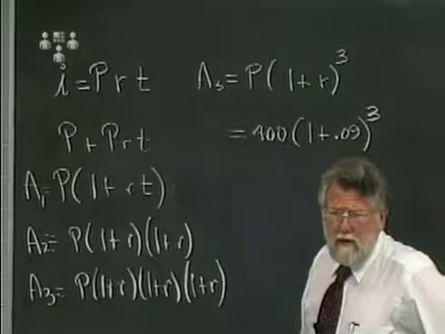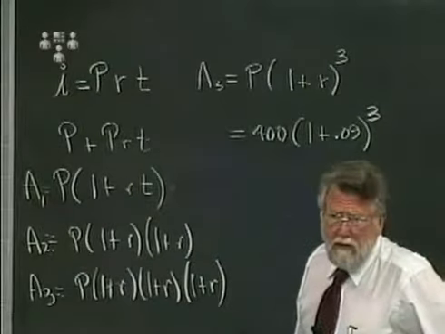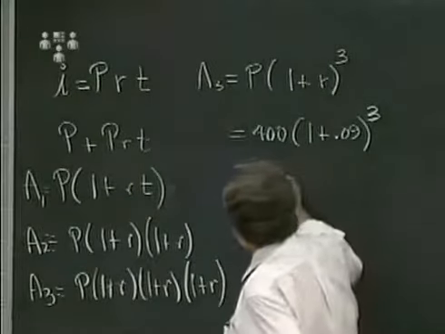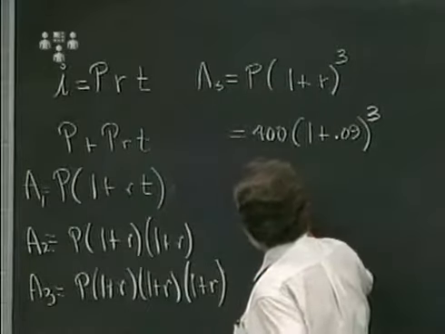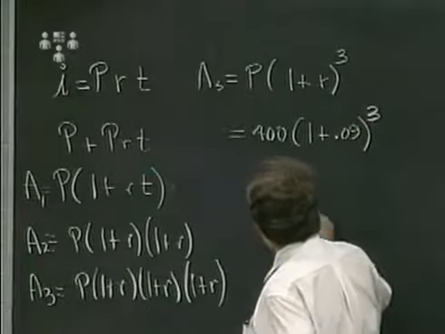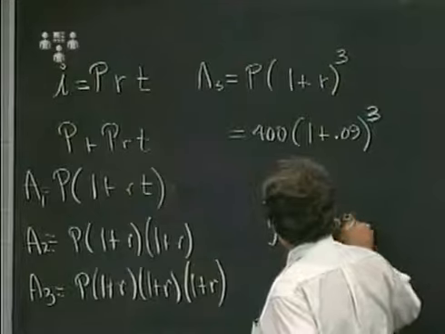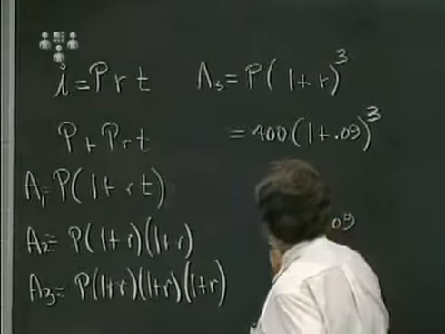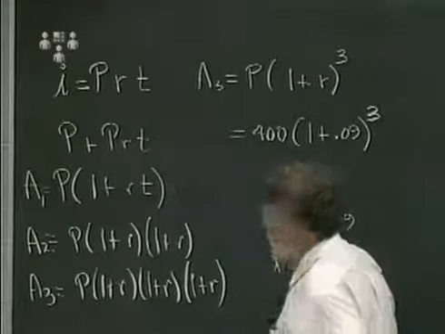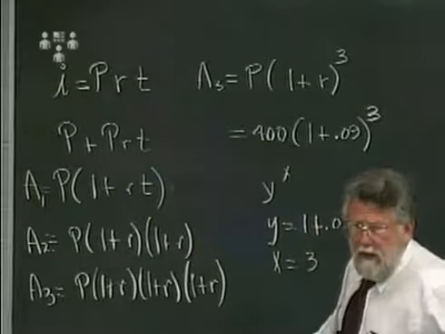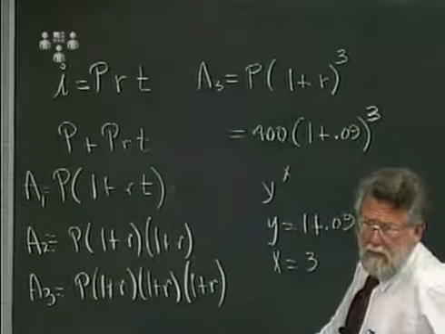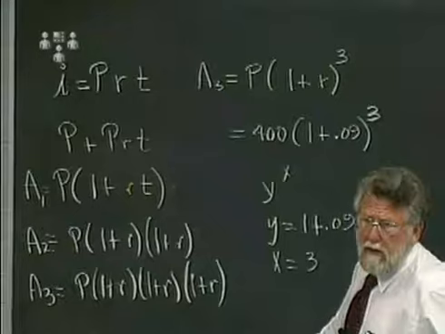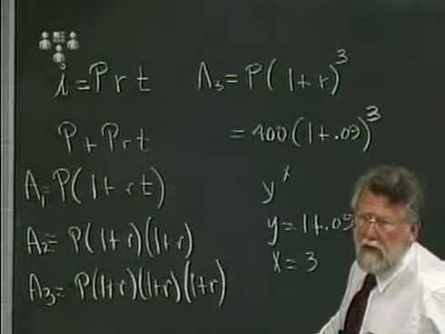But what we usually do is use the y to the x key in the calculator. So we take y to the x, where y is going to be your 1 plus 0.09, and in this case your x is 3. So for this particular problem, it's just putting in 1.09, y to the x, 3 equals, and multiply it by 400.